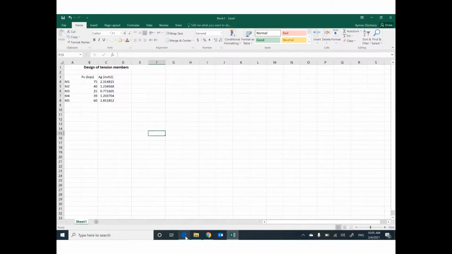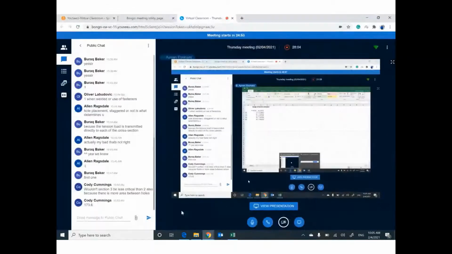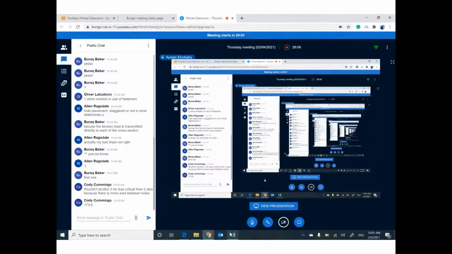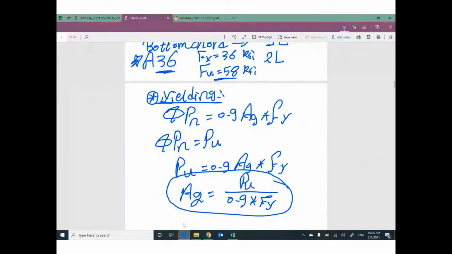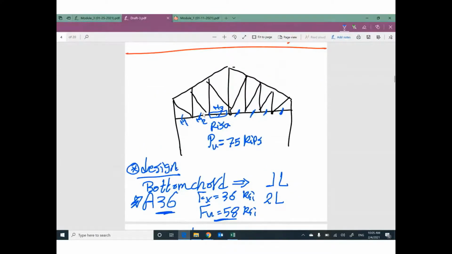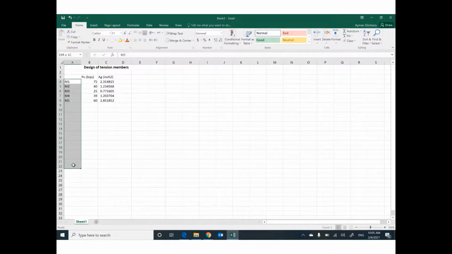Any questions so far? If you have any question, let me know. So whatever the number of members, I believe your truss will be very big. So probably you have around 20, 25 members in tension, 30 members, whatever the number. You can list them. By the way, if you have the full version of RISA on Canvas, you can export.